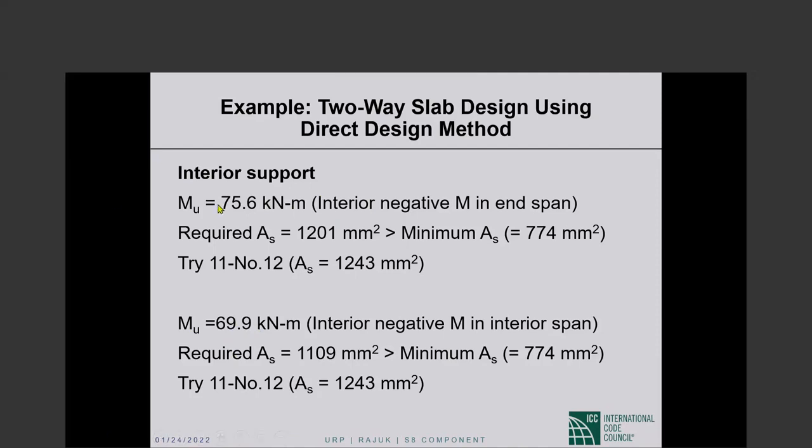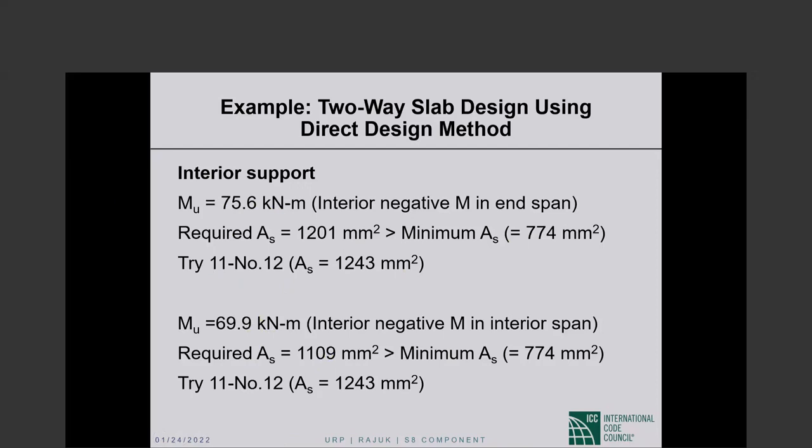Anyway, so the 75.6 kilonewton meters requires 1201 square millimeters of reinforcement. That is more than minimum. That requires 11 number 12 bars. Okay. And the 69.9 kilonewton meters of negative moment requires 1109 square millimeters.